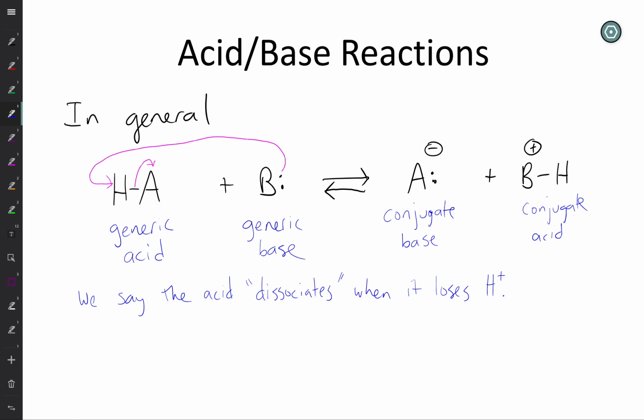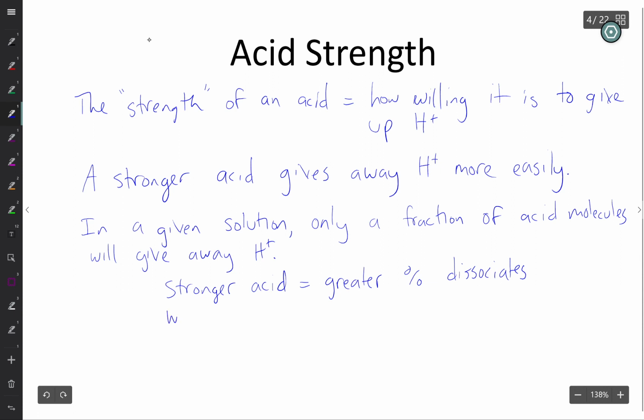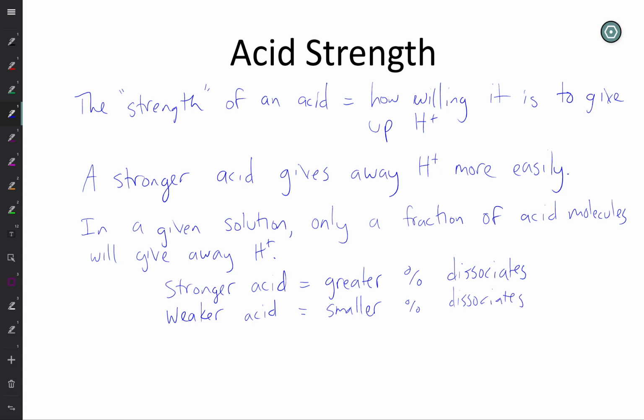For a weaker acid, a smaller percentage dissociates. And those percentages can run from 0.000000001% all the way up to like 99.999999%. So it's a broad range that we deal with in organic chemistry.